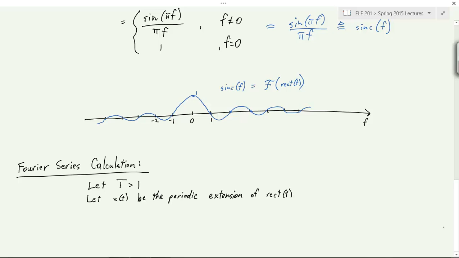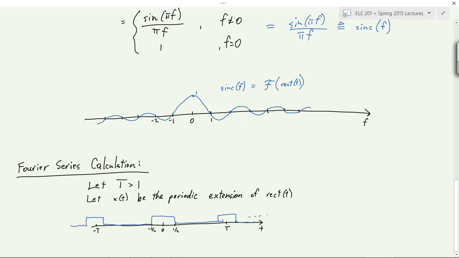So the idea is here's t, here's 0, minus a half, and let's let cap T be something over here. Okay, here's minus cap T. And this signal x of t, it's a rect, but it's a periodic extension, so it goes up to here. It has another rect centered at cap T, another one at negative cap T, and so forth. So it's periodic like this.